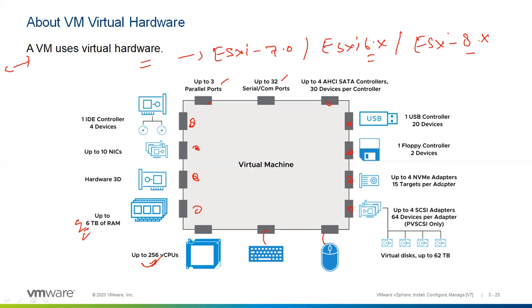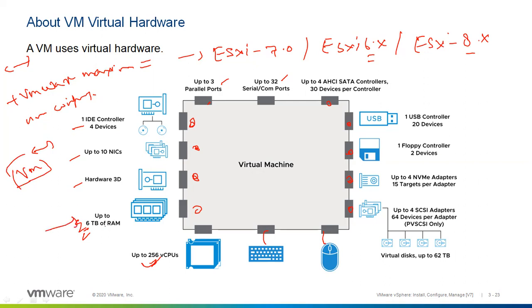So what is supported, we can check in the VMware maximum configuration guide. It will tell you the maximum supportability for that particular version. When we choose the virtual machine section, we can see it there.